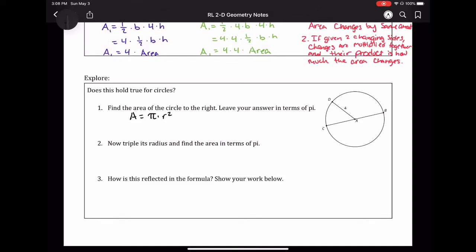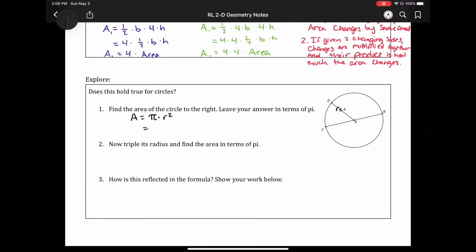The radius of my shape is given to me as 4. So I have area is equal to pi times 4 squared, which means in terms of pi, my answer is area is equal to 16 pi, because 4 squared is equal to 16.